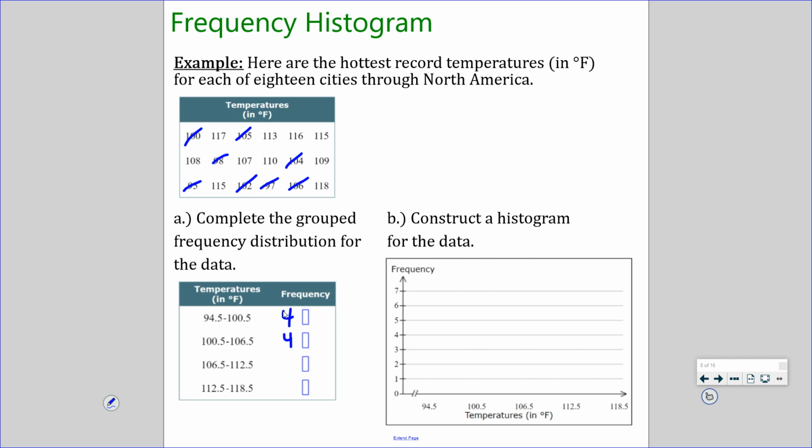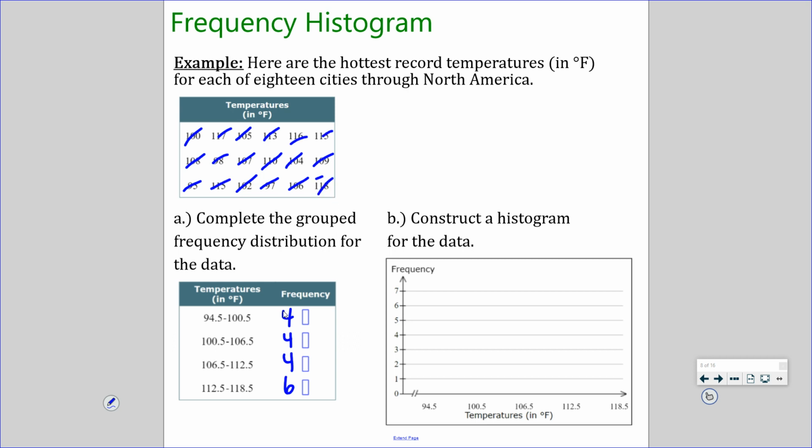Cross them off as you go, that helps. All right, 106.5 to 112, that would be 1, 2, 3, 4. Leaving me with 6 in that last class. If you're ever not sure, add them all together. That should equal the 18 cities. 1, 2, 3, 4, 5, 6.